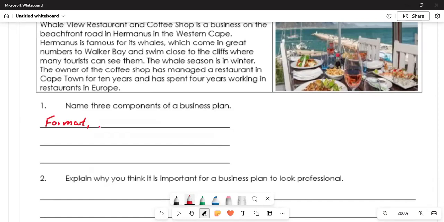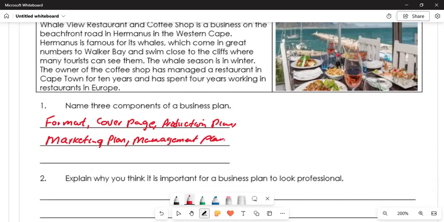We are going to talk about the cover page, the production plan, the marketing plan, the management plan, the financial plan, and so on.